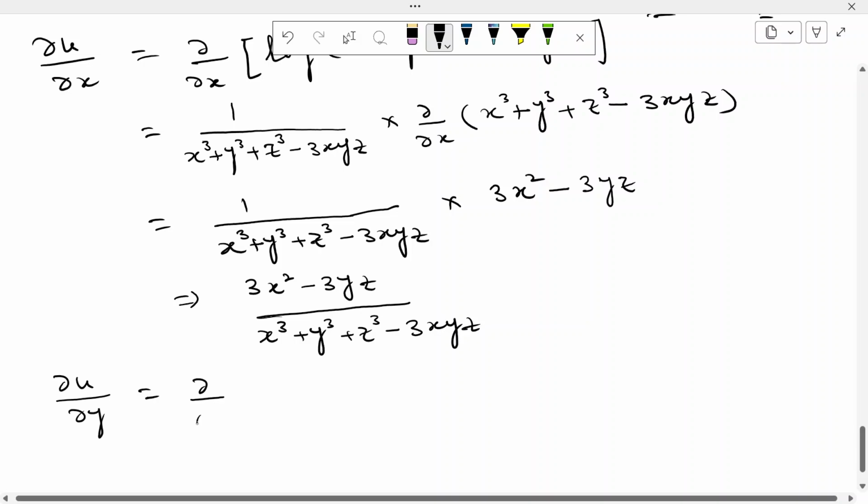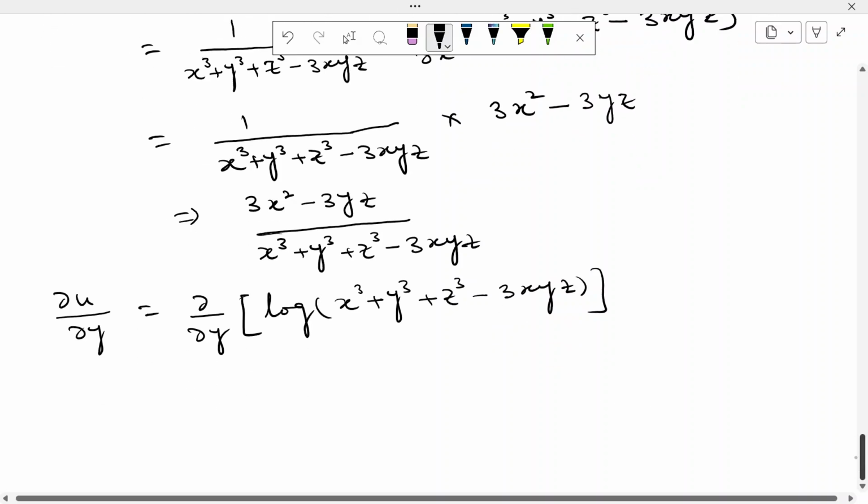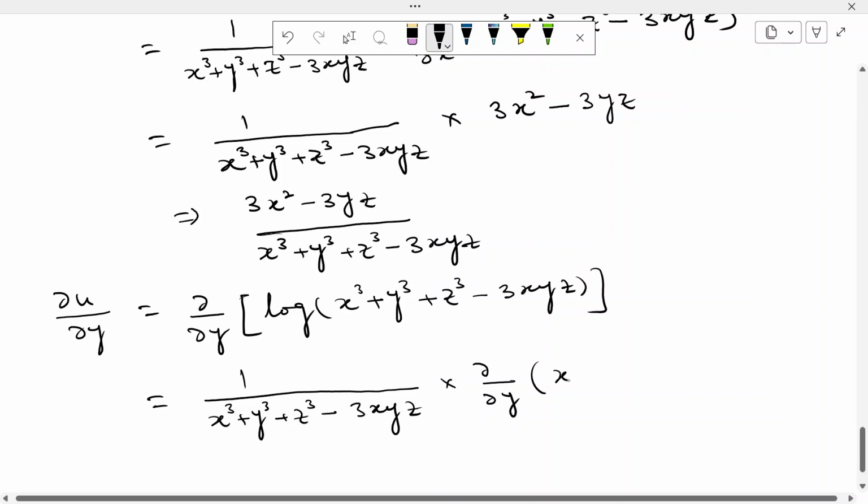So this will be del over del y of the expression of u, which is log of x cube plus y cube plus z cube minus 3xyz, and again we are using the same logic. First we differentiate due to this log, so we have 1 over x cube plus y cube plus z cube minus 3xyz, and the derivative of this expression with respect to y.